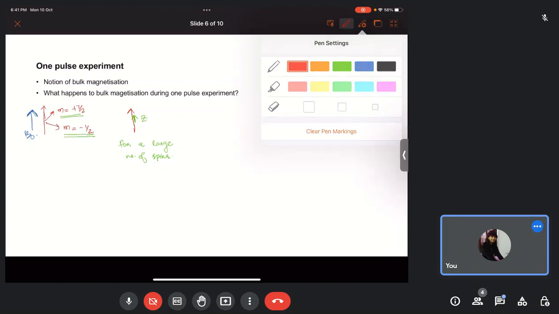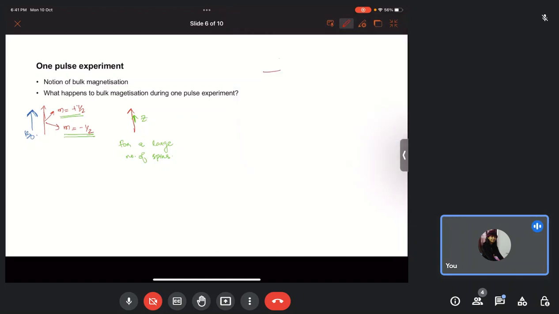So a one pulse experiment, as shown in the course lectures, has a 90-degree pulse and an acquisition time during which we detect the magnetization, shown in the green color.